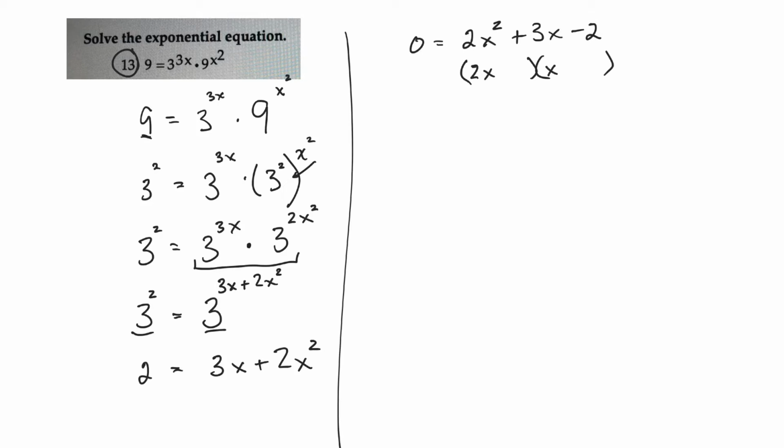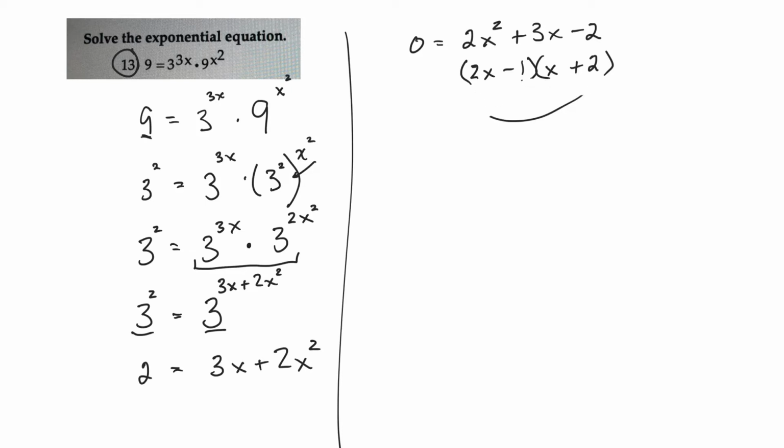So 2x, I'm thinking maybe a plus 4, no, not plus 4, plus 2, because I have to multiply the 2, right? So plus 2 and a negative 1. Let's check that. 2x squared, yep. Plus 4x minus 1x gives me 3x, minus 1 times 2, minus 2. Yeah, so it's correct.